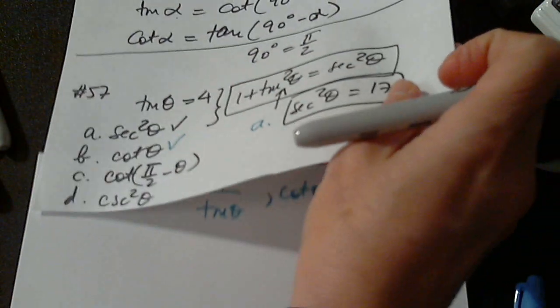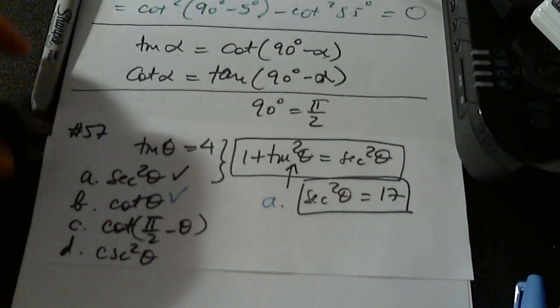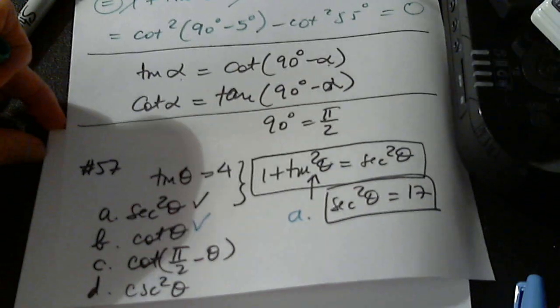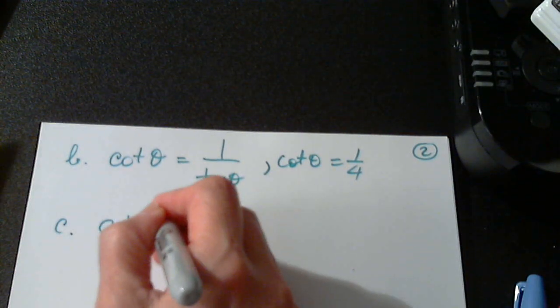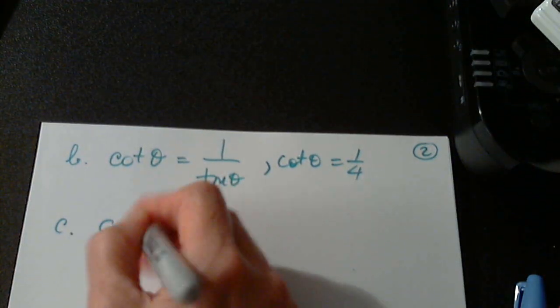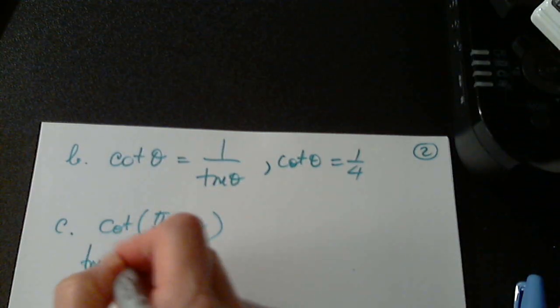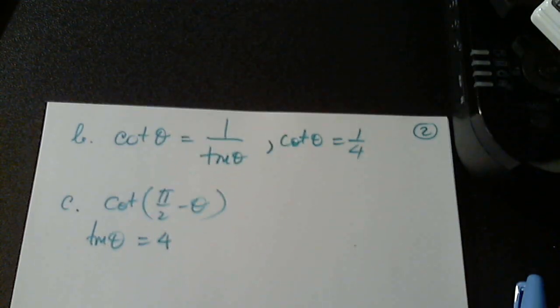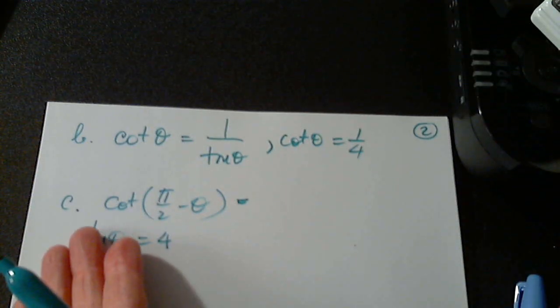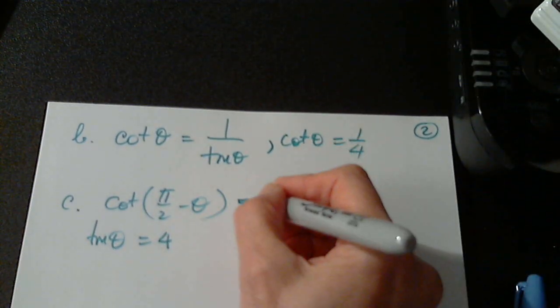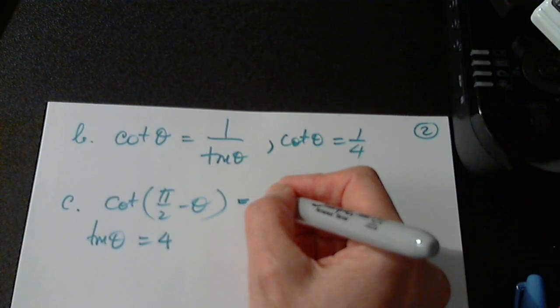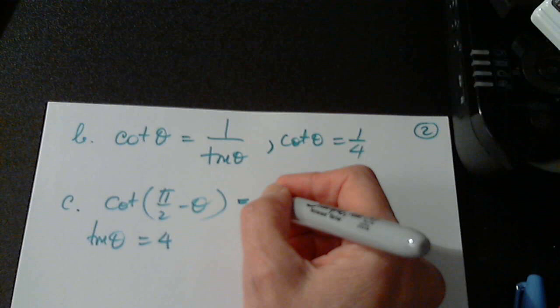Okay, let's move on to C. Any suggestions for C? I'm going to write C here. They want us to find cotangent of pi over 2 minus theta, knowing that tangent theta is 4. Can anyone tell us what this equals? Professor, can I see the other paper really quickly?